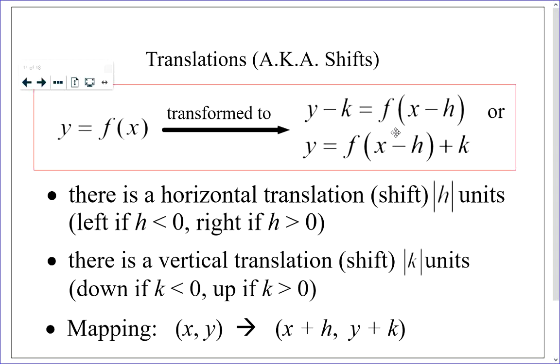The reason it's x plus h is if h is positive, when we add h to x, that will shift x to the right. If h is negative and we add that negative number that h is to x, it will shift it to the left. So we don't want absolute value signs in the mapping statements. And of course, y becomes y plus k.